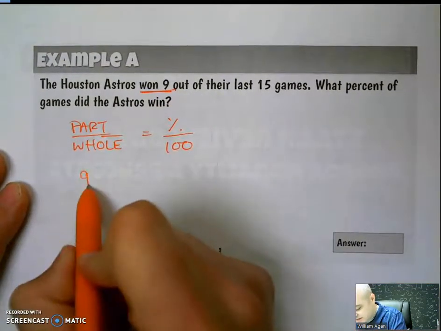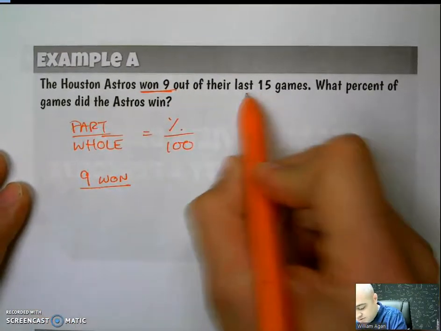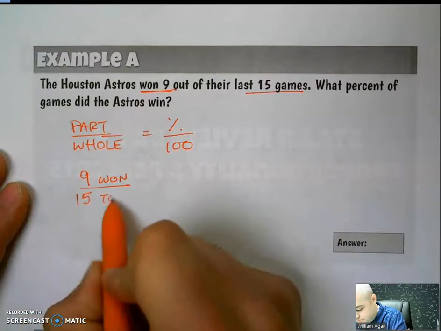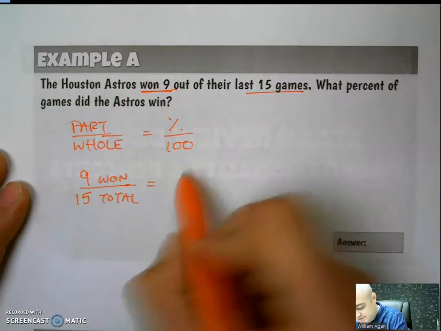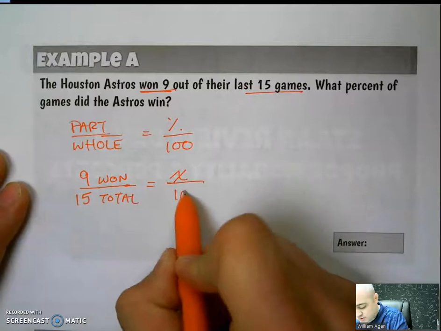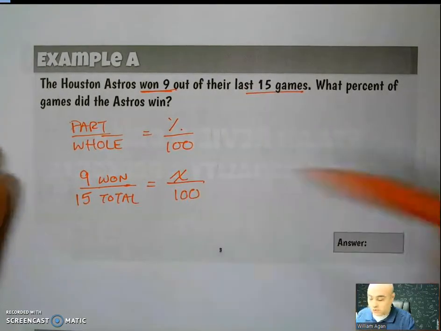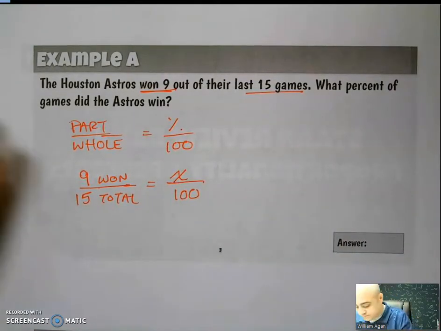So there's 9 that they won out of their 15 total games. And we want to know what percent that is. That's the question they're asking, so that's our X out of 100. Anytime you're doing the percent proportion, this is always 100.